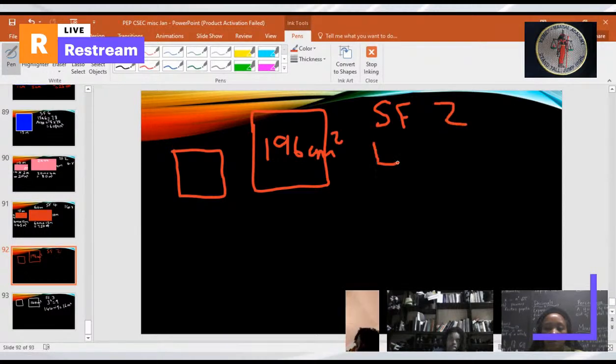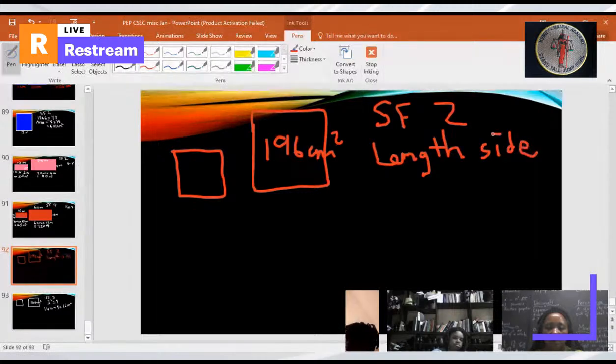What is the length of the side of the small square? Miss, the length of the side is 7 centimeters.